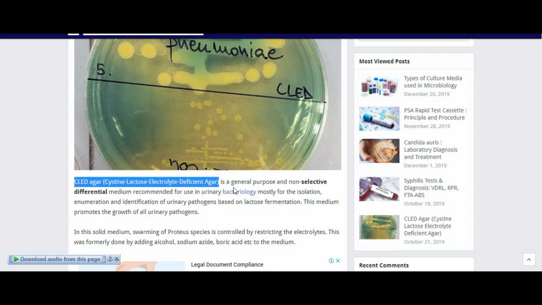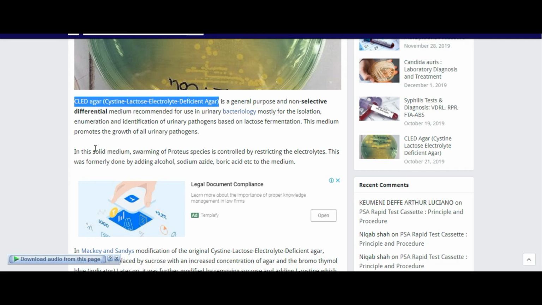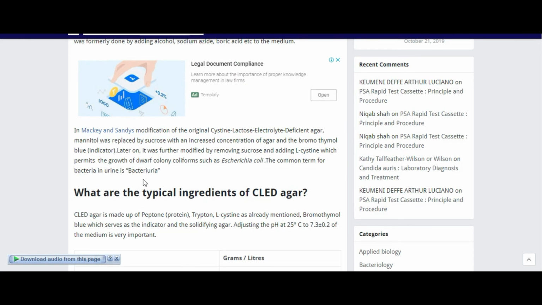So it contains a restriction of the electrolyte, which prevents swarming of Proteus species. CLED Agar also contains L-lysine and L-cystine, which permit the growth of dwarf colonies. An example of this dwarf colony is Escherichia coli.